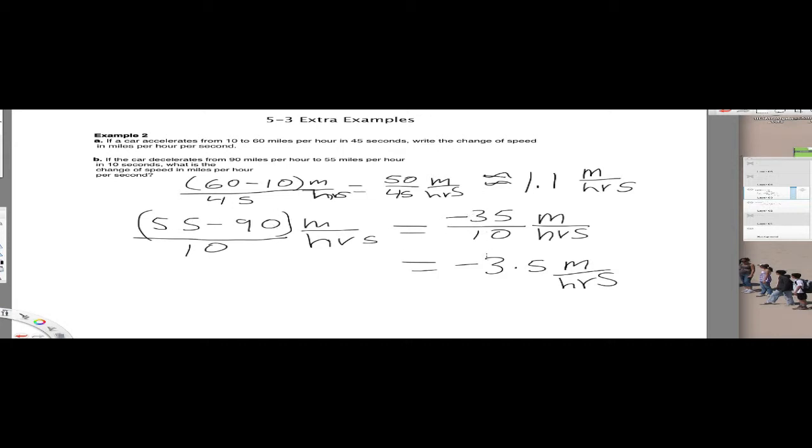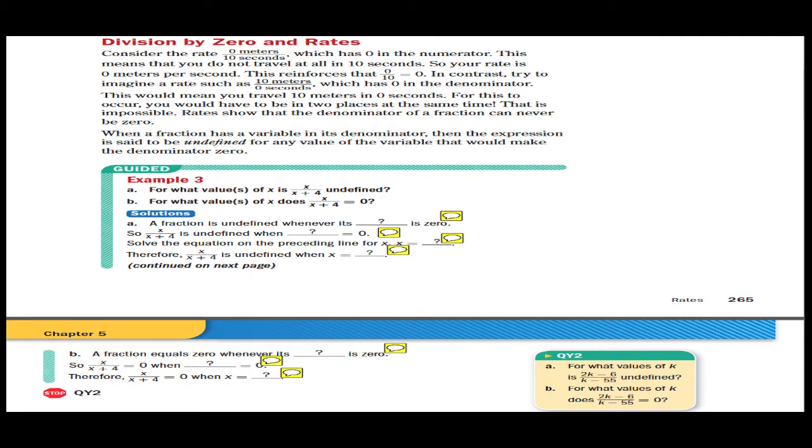sign correct. All right, for this next section, this is example 3 for 5-3, the guided example. For what values of x is x over x plus 4 undefined, and then for what values of x does x over x plus 4 equal 0? Well, for when it's undefined, it's basically asking us whenever the denominator of the fraction is 0.